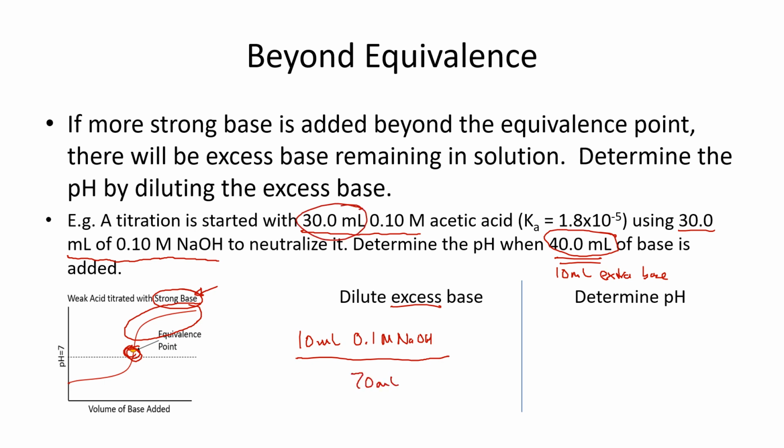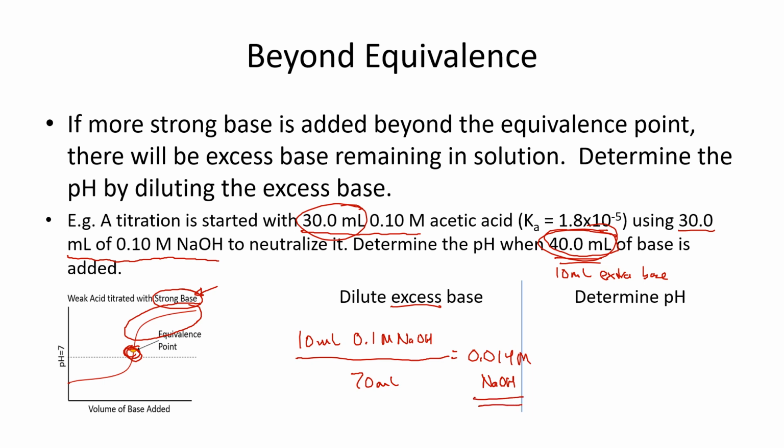The 30 plus the 40 makes 70, right? And so the concentration of that is 0.1 times 10 divided by 70 equals 0.014 moles per liter sodium hydroxide.